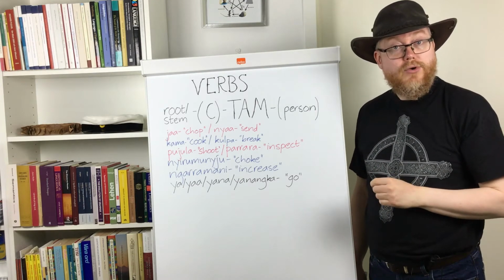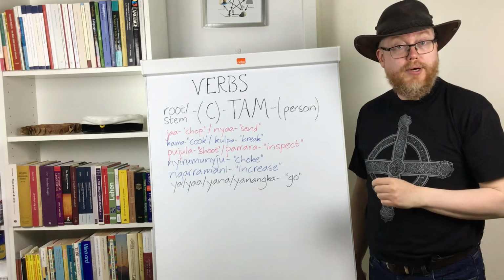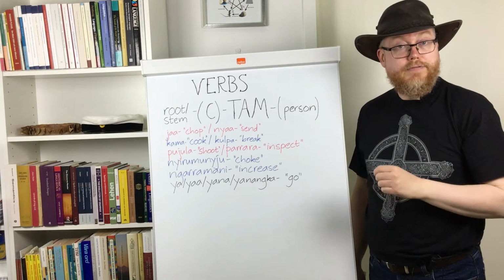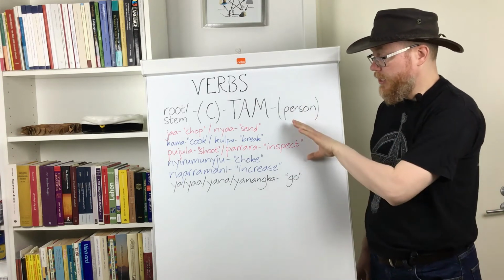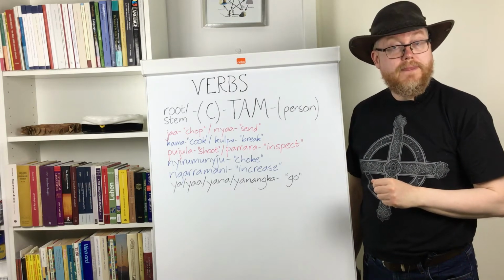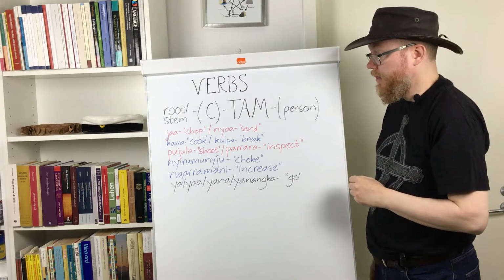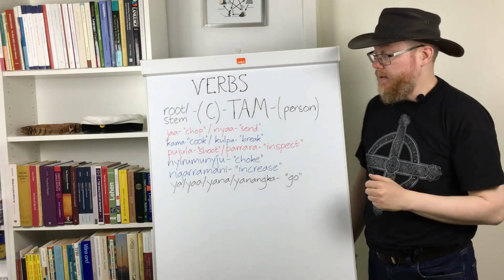Now, in Pama-Nyungan languages, you tend to find both simple and complex verbs. And these are all examples of ngara simple verbs. Simple verb roots, I should probably say.